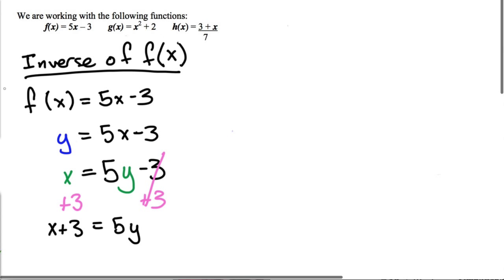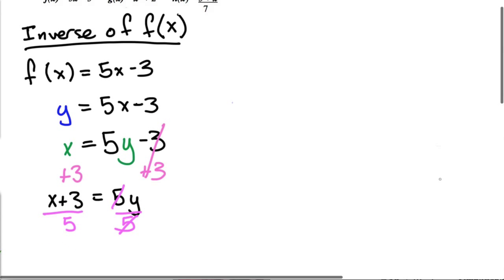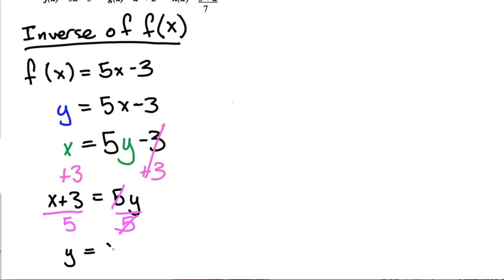And then the last step to solve for y is going to be to divide by 5 on both sides. So then what I end up with is that x plus 3 over 5 equals y, or y is equal to x plus 3 over 5. This is my inverse.